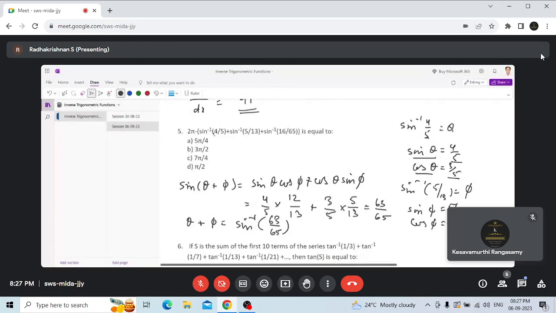Or it will be root of, you can put that formula or you can simply put, usually what we do, in the triangle, suppose this is x and sin theta is x, cos theta will be root of 1 minus x square.